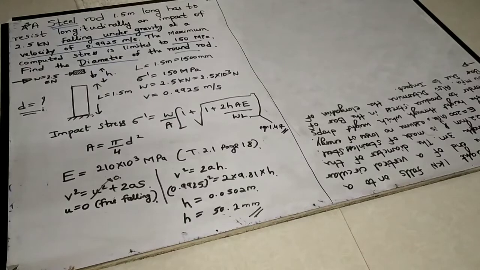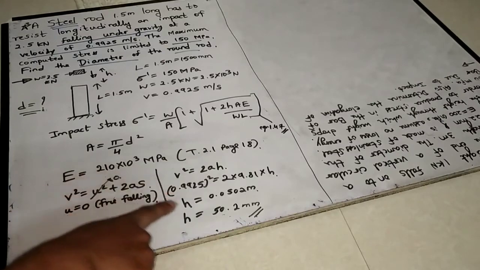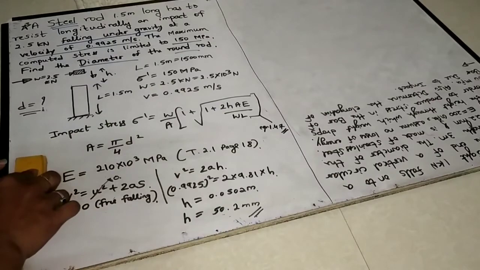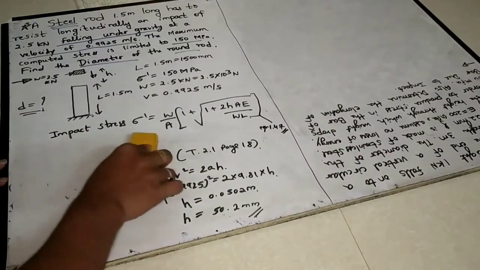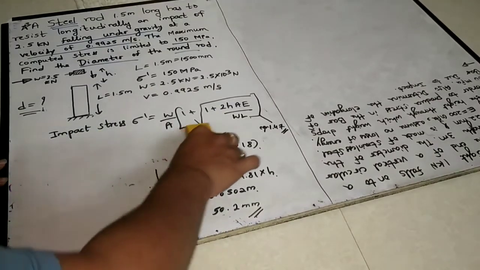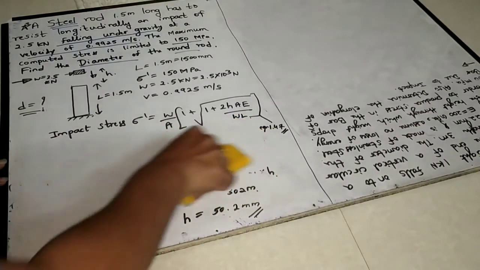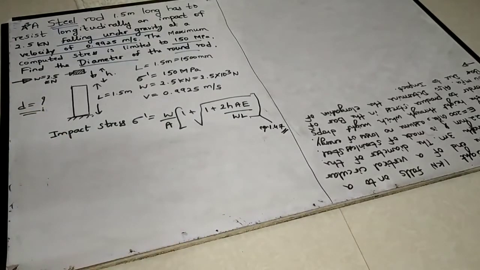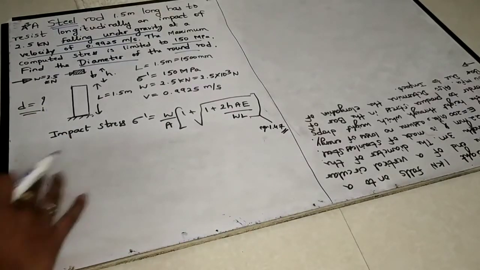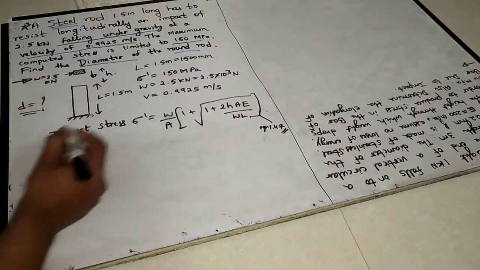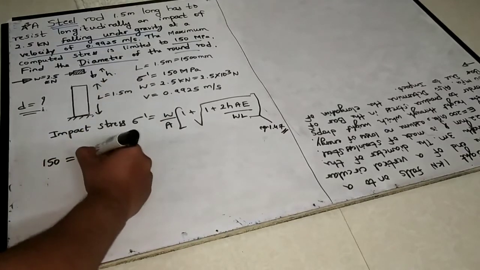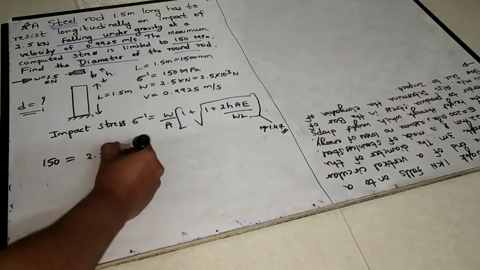I hope you have taken these things. So let me remove these parts. Okay. Now we will go on substituting the values in this. So it is 150, which is equal to w is 2.5 into 10 raised to 3.